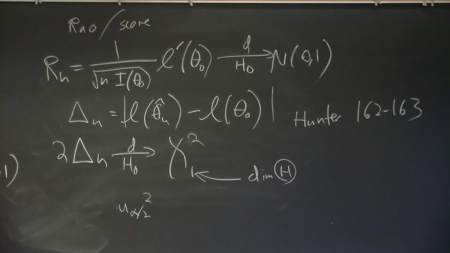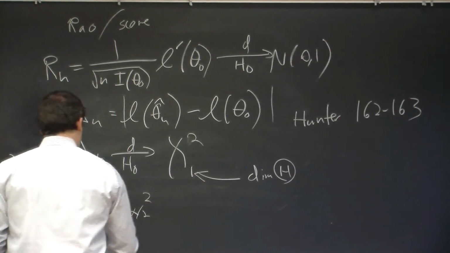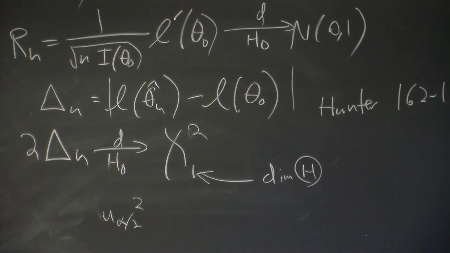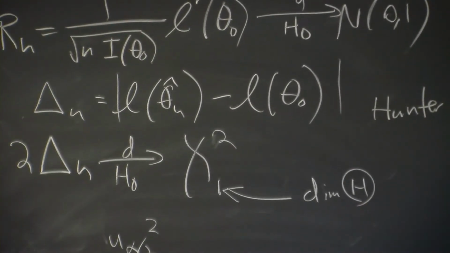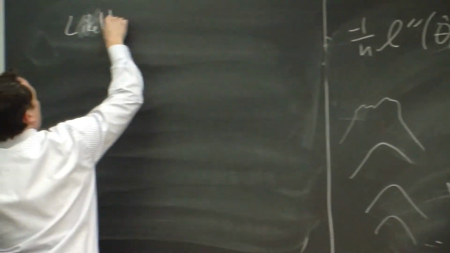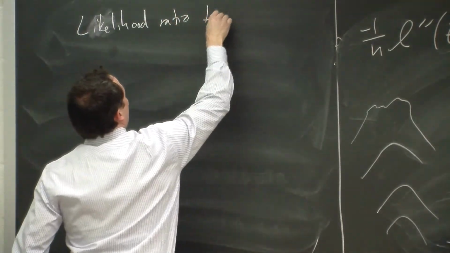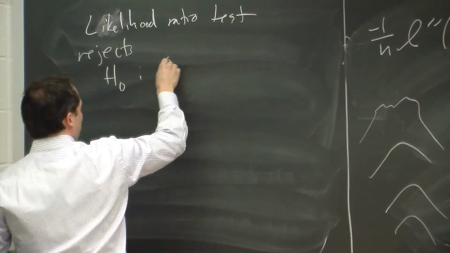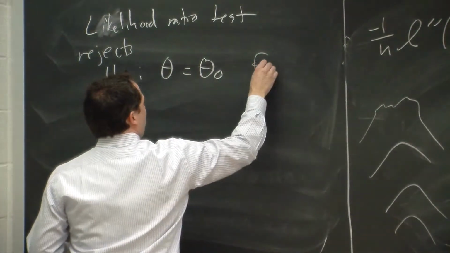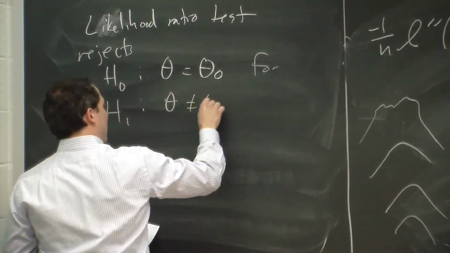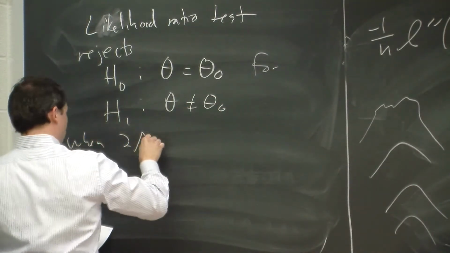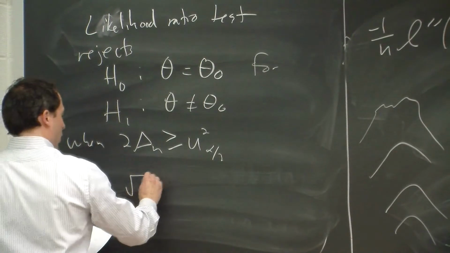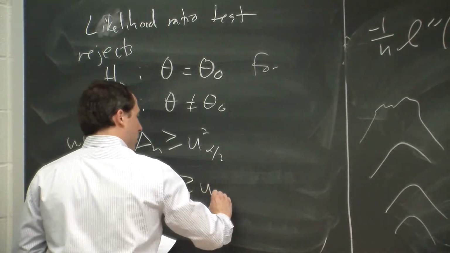So a likelihood ratio test rejects the null that the parameter is equal to theta naught in favor of the alternative that the parameter is not equal to theta naught when 2 delta n is greater than or equal to u alpha over 2 squared, or equivalently when the square root of 2 delta n is greater than or equal to u alpha over 2.